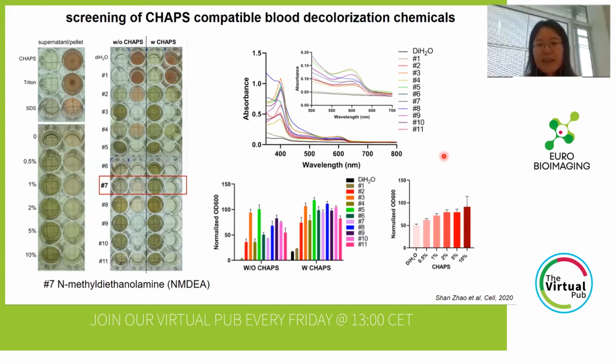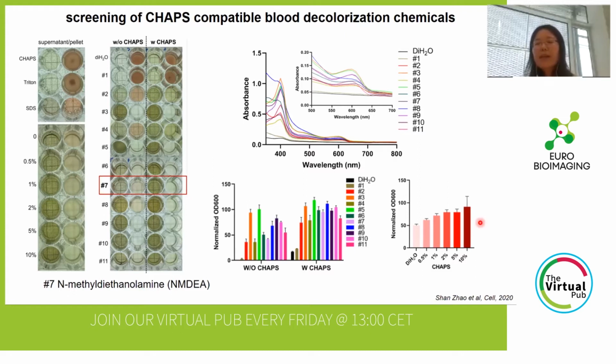We can see that at the 600 nanometer wavelength, there is a new peak compared to the control group, dye water. Based on this new peak, we can use it as a quantitative index to quantify the decolorization effect. From the quantification data, we can see that when we mix SHAPS and the candidates, there is an improved decolorization effect.